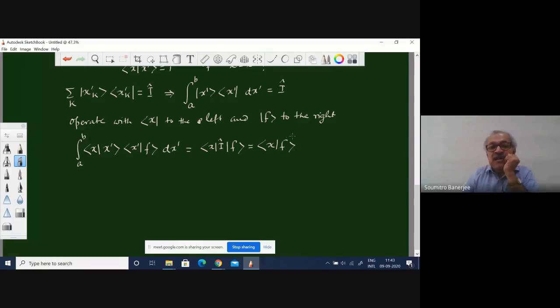This is the projection of f on the point x. So this is nothing but the value of the function evaluated at x, f(x).